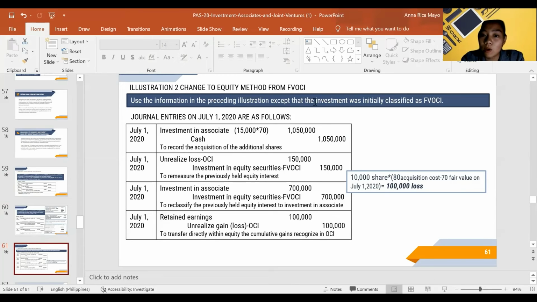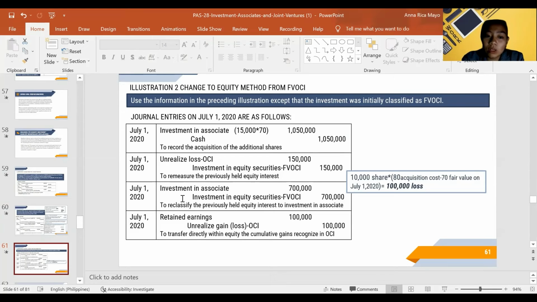Kasi nga, sabi dito, except that the investment was initially classified as fair value through other comprehensive income na. Kanina kasi is fair value through profit or loss. Ngayon, OCI na. Kaya yung unrealized loss mo, i-recognize mo na siya sa other comprehensive income, which is 150,000.